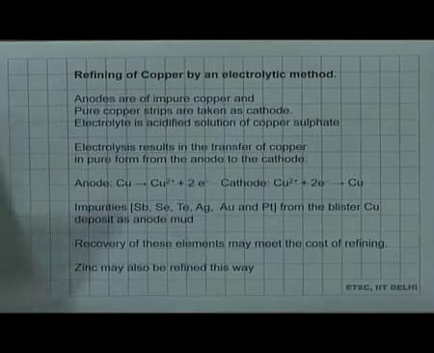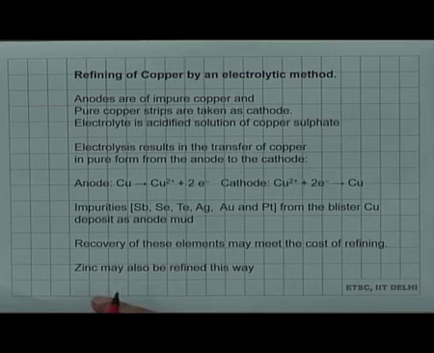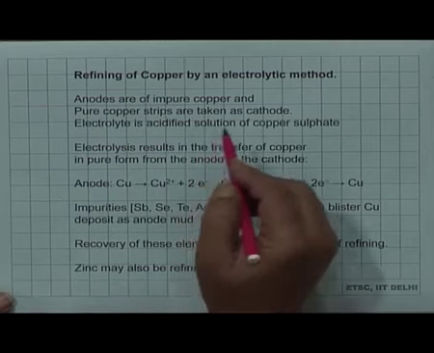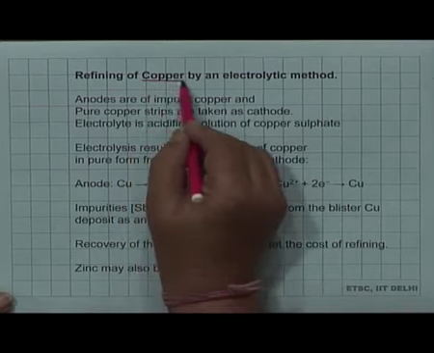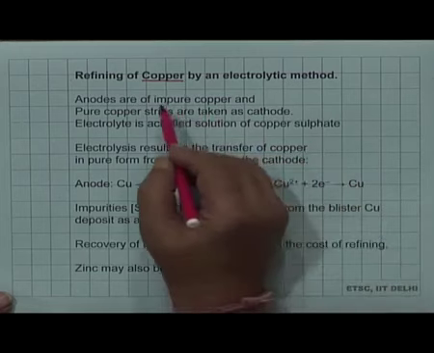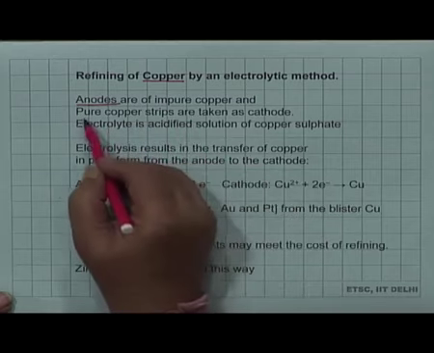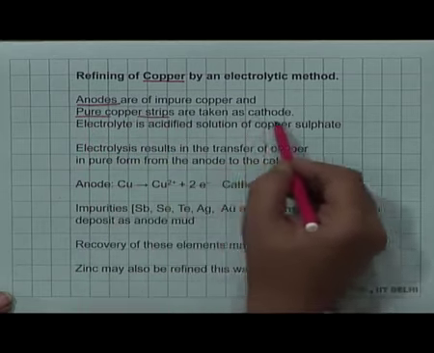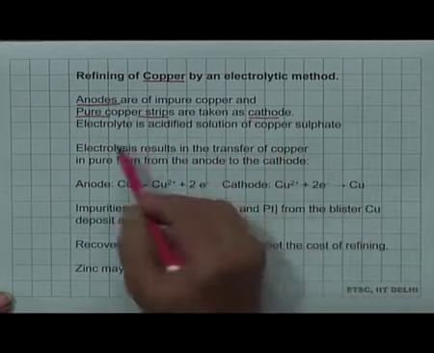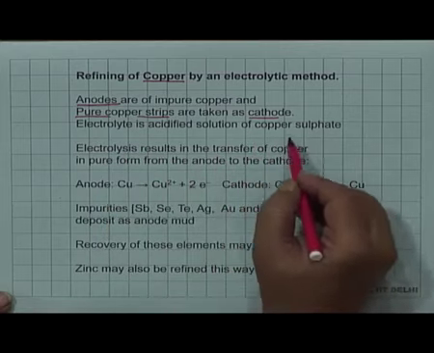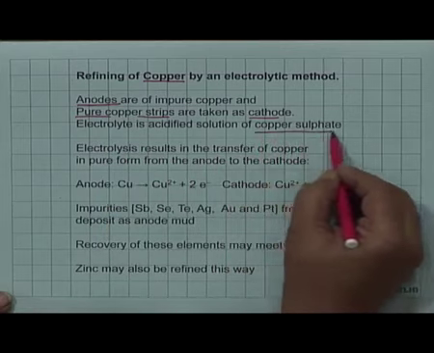I will just exemplify this electrolytic refining with refining of copper. Anode is made of impure copper, and a pure copper strip is used as a cathode. Electrolyte which is used in the cell is copper sulphate.